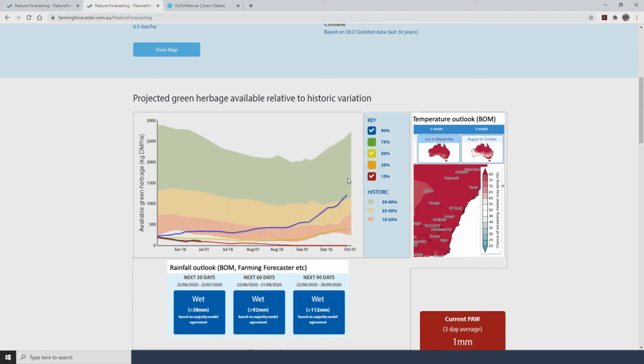But if, say, the forecast for the next month or so was indicating a high chance of above median rainfall for your area and favourable growing conditions, then you might say, well, I might turn off the 10th percentile and just display the 50th, 75th, and 90th percentile. So you can use the weather outlook to help you decide what percentiles to show on this graph.